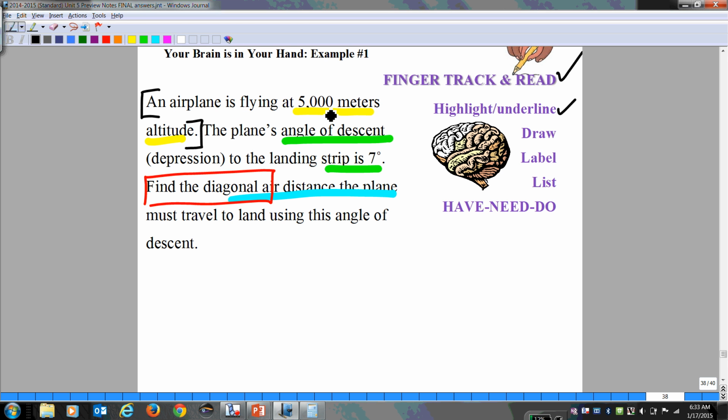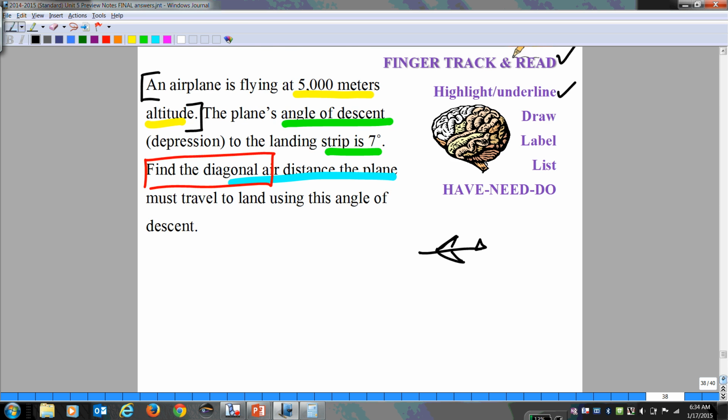An airplane is flying at 5,000 meters in altitude. So we have an airplane. Many of you can do a lot better than I can, but that's my version of an airplane. 5,000 meters altitude. Altitude always creates a right angle.